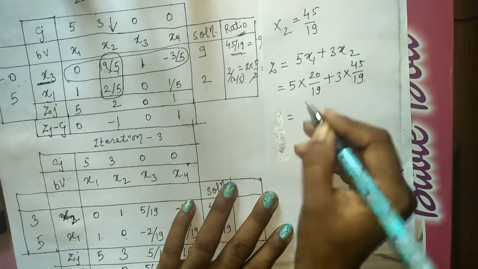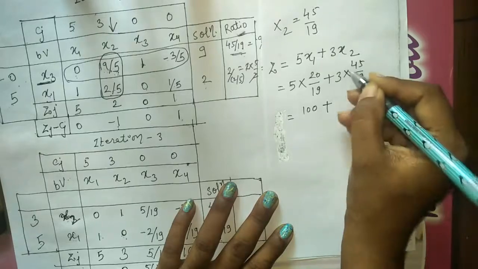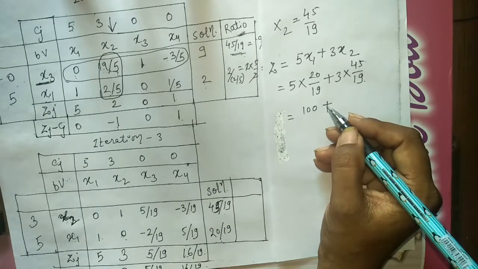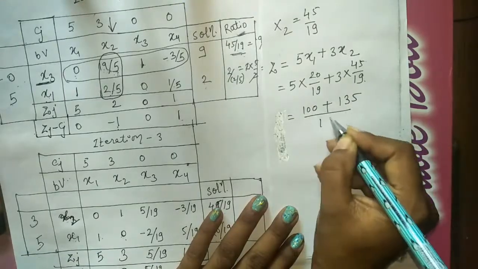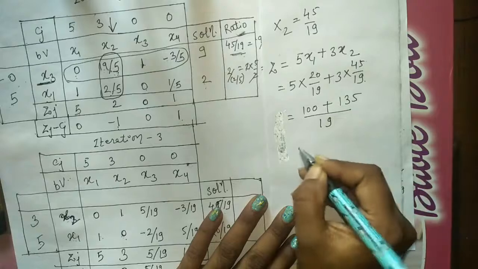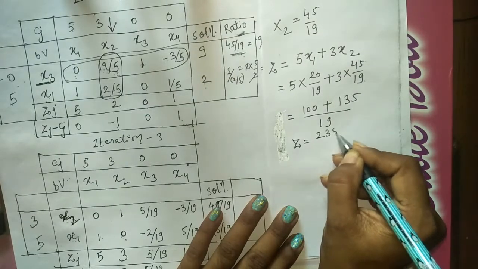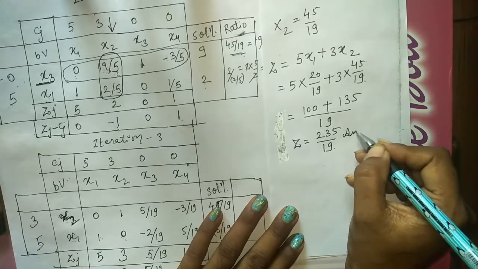So this will be equal to 5 into 20 is 100 plus 45 into 3 is 135 upon 19. So z is equal to 235 upon 19. This is our solution.